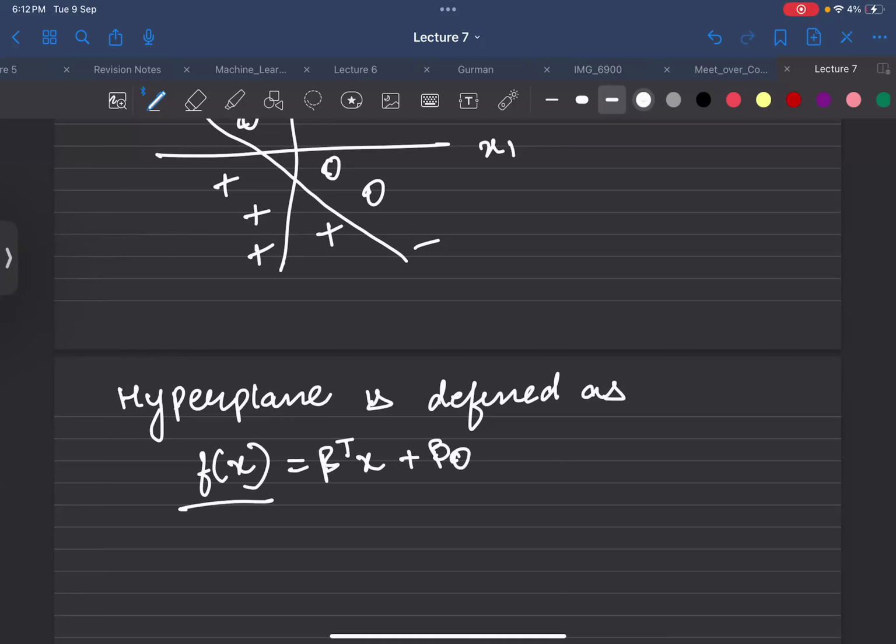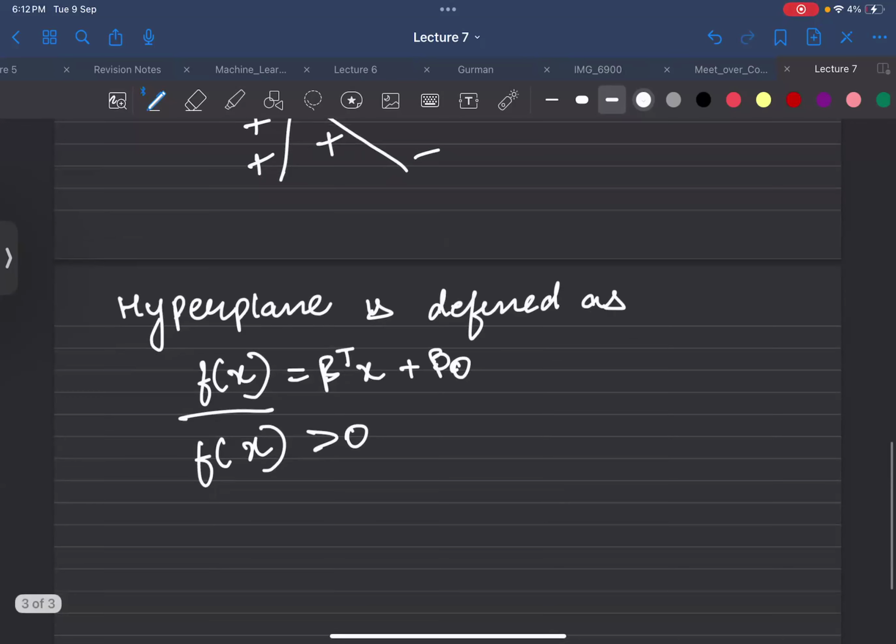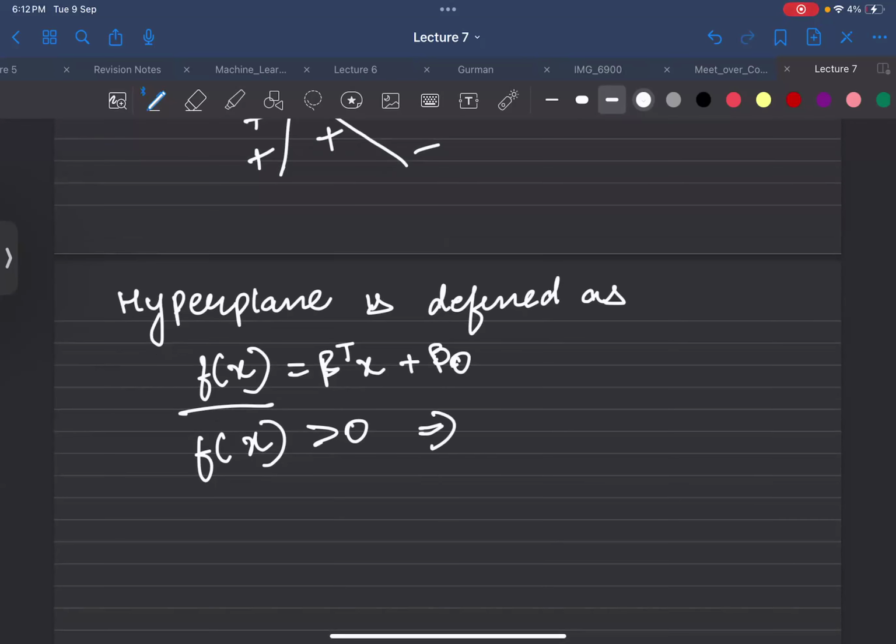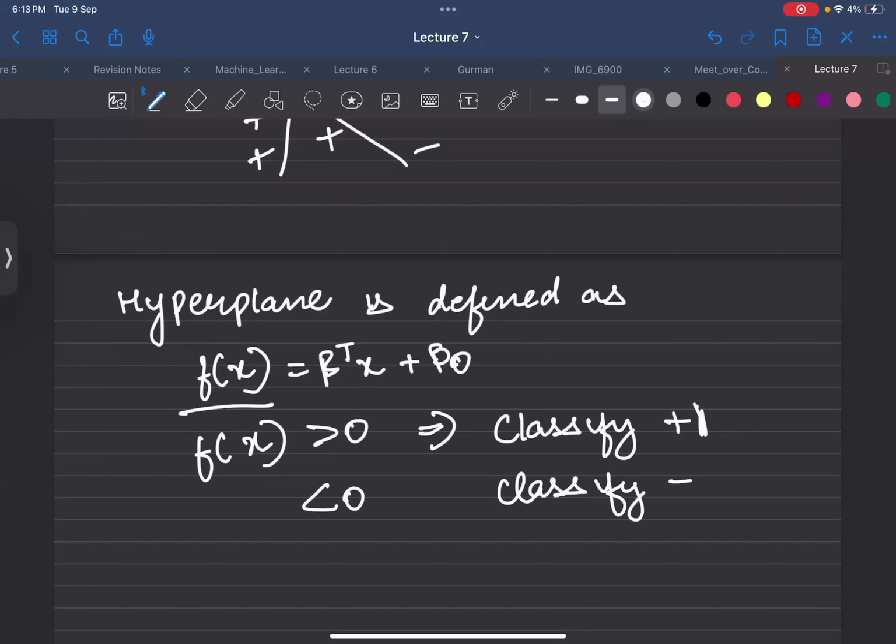We are basically having a linear classifier which is classifying the points, and we can define it like this. Now, if it is greater than 0, we are saying it is classified as +1. If it is less than 0, it is classified as -1. What if it is equal to 0?